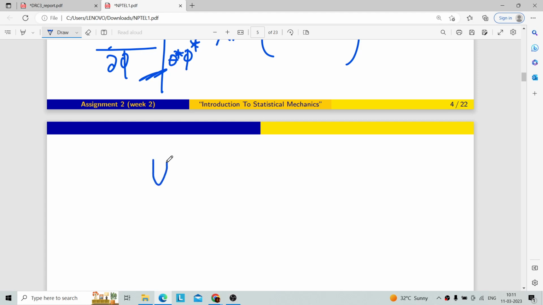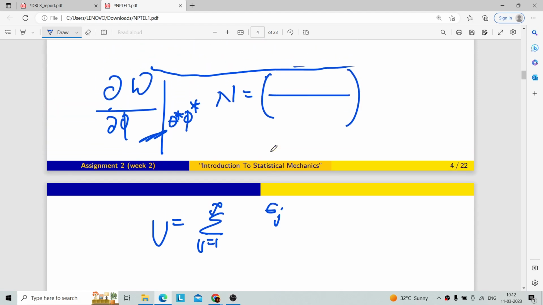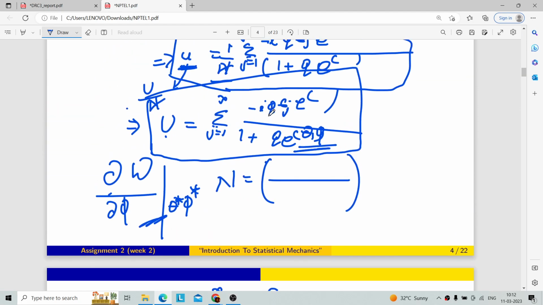So what we got? U will be the summation over j 1 to infinity, and we have this epsilon j, and we have made some mistakes. That's why we got q. It should be q square. So when you do the derivative, you will get q from here, 1, and from the power you will get 1 q.